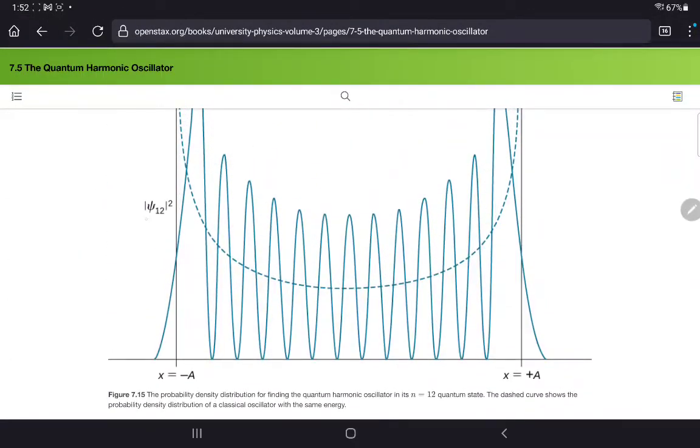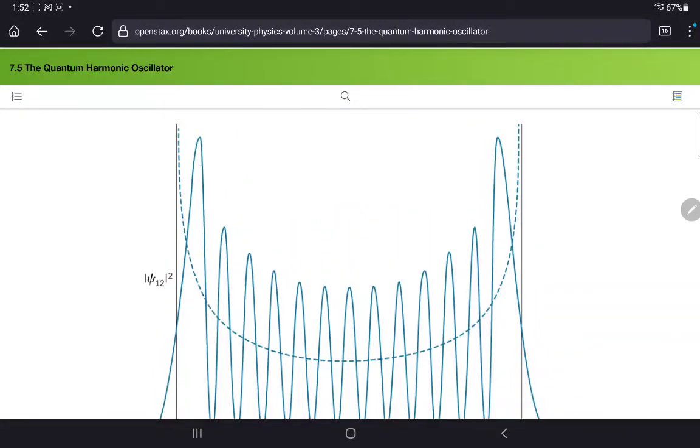This picture is actually of the square. Let's count bumps real quick. 1, 2, 3, 4, 5, 6, 7, 8, 9, 10, 11, 12, 13. Yeah, that matches up. So I expect 13 bumps for n equals 12, just like I expect 1 bump for n equals 0.